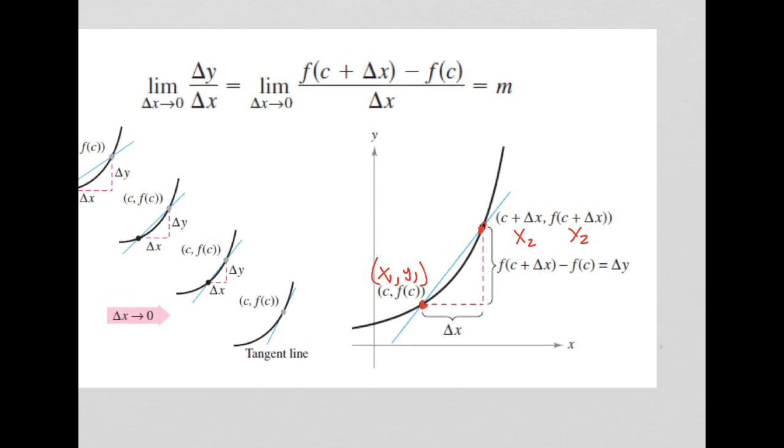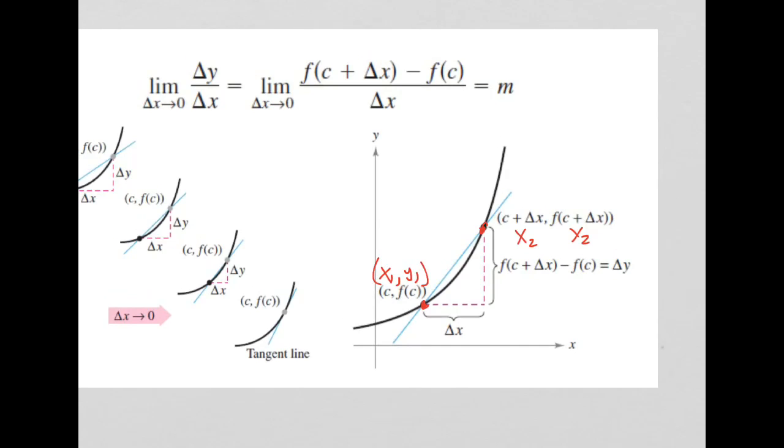And notice this limit is going to take the second y value, which is f(c + delta x), and subtract from it the first y value to get our change in y, and it's going to divide it by delta x, which is the difference in those two values, x2 minus x1.